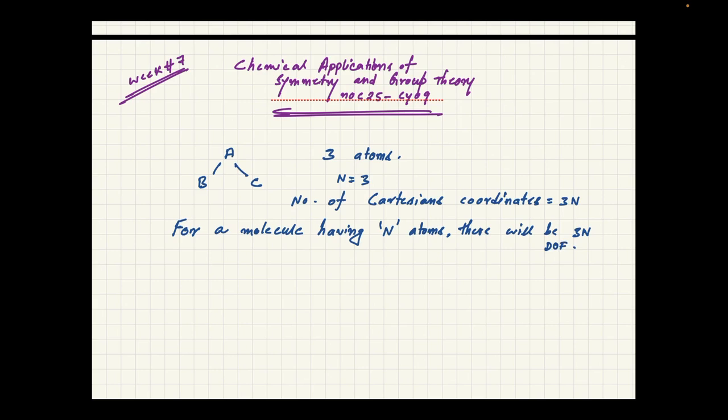Okay, so what do we mean by degrees of freedom? Degrees of freedom are basically how many independent coordinates there are. So there will be translational degrees of freedom, then rotational, and then vibrational.